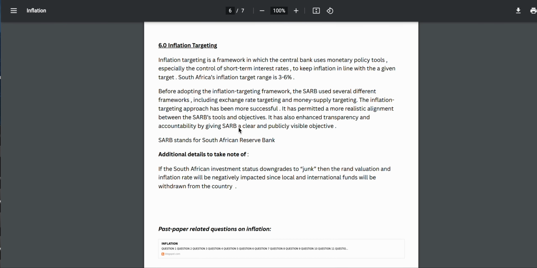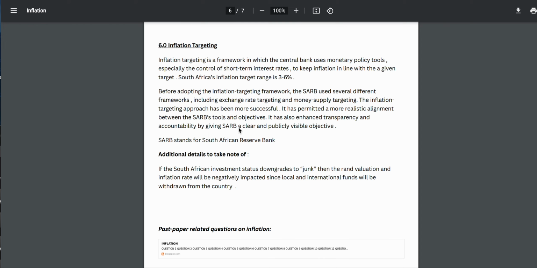Now let us go on to the next part, which is inflation targeting. Inflation targeting is a framework in which central banks use monetary policy tools, especially the control of short-term interest rates, to keep inflation in line with a given target. South Africa's inflation target range is 3 to 6%. Before adopting the inflation target rate, the SARB used several different frameworks, including exchange rate targeting and money supply targeting.